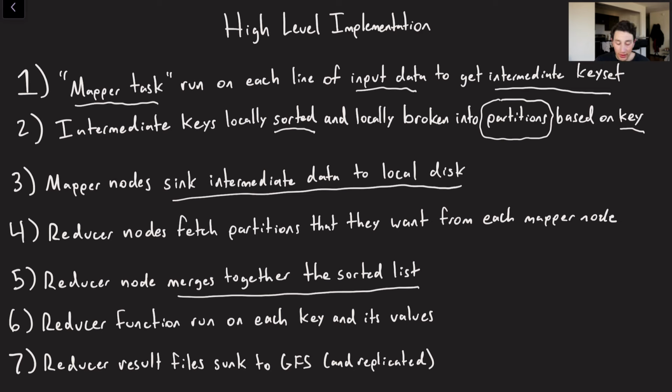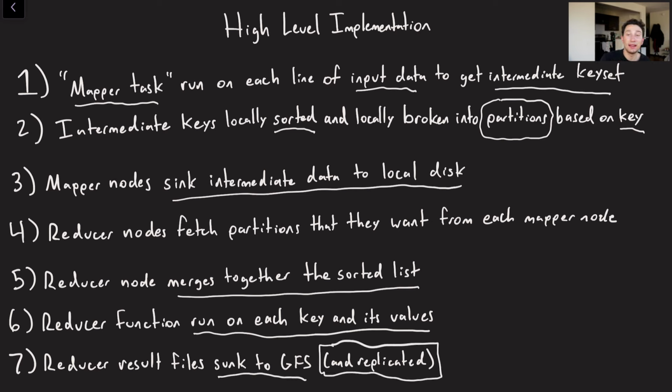We're doing a shuffle phase here, and then merging them together so that the order stays sorted. Then after that, the reducer function is going to run on every single key and its associated values. And then finally, the ultimate output of our reducer function on every single reducer node is going to get sunk to GFS. And what that really means in this case, most importantly, is that it is getting synchronously replicated so that we make sure we don't lose that data.